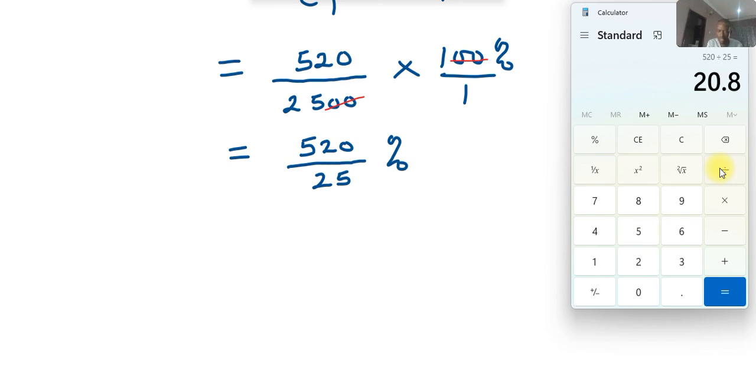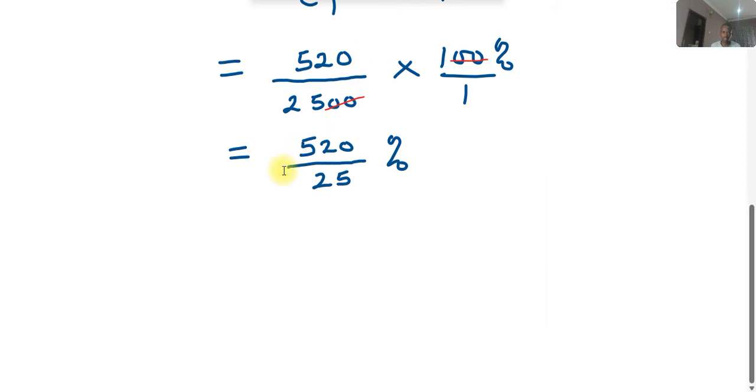The outcome will be 20.8. Right, so we have our outcome to be 20.8%. So this is our final answer for the question.